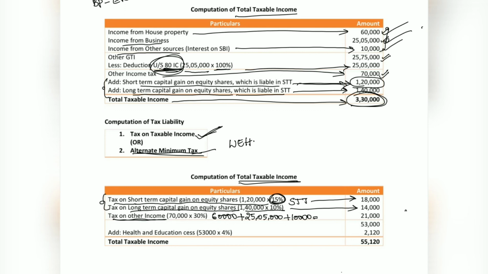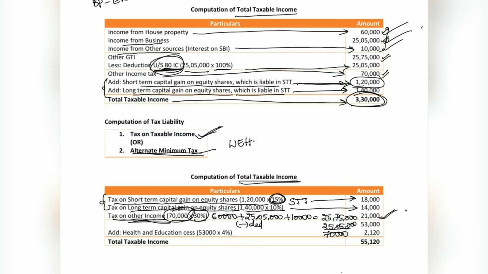If you calculate all these values, you will get 25 lakh 75,000. On this you will claim the deduction as well. The deduction is 25 lakh 5,000. So the left out value is 70,000. That 70,000 you have considered here. Calculating the other taxable income at the rate of 30%, the value comes to 21,000.